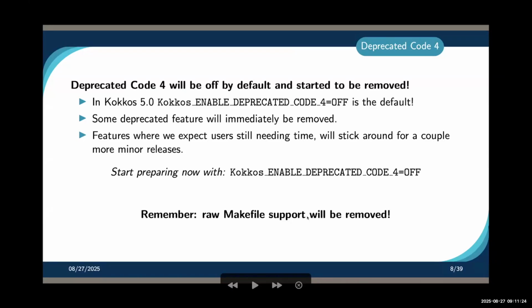But you should prepare, right? Try out builds with Kokkos enable deprecated code 4 turned off. If you turn it off, essentially that code disappears from our code base, or via macros is commented out. And that will be useful for your smooth transition.